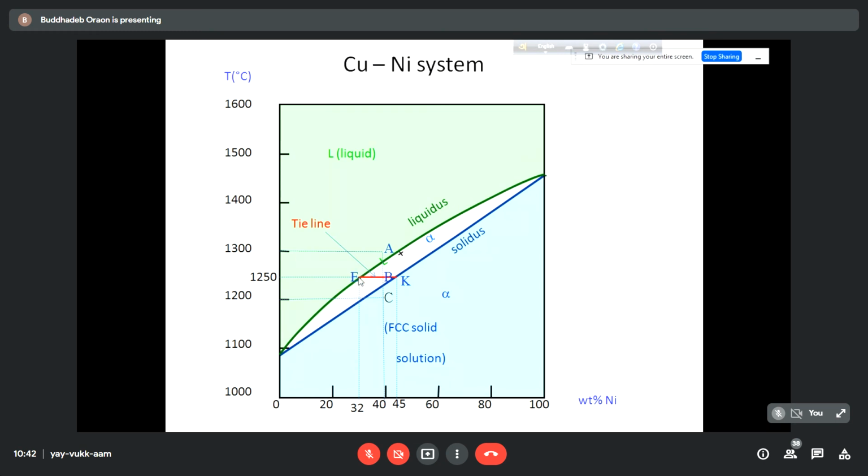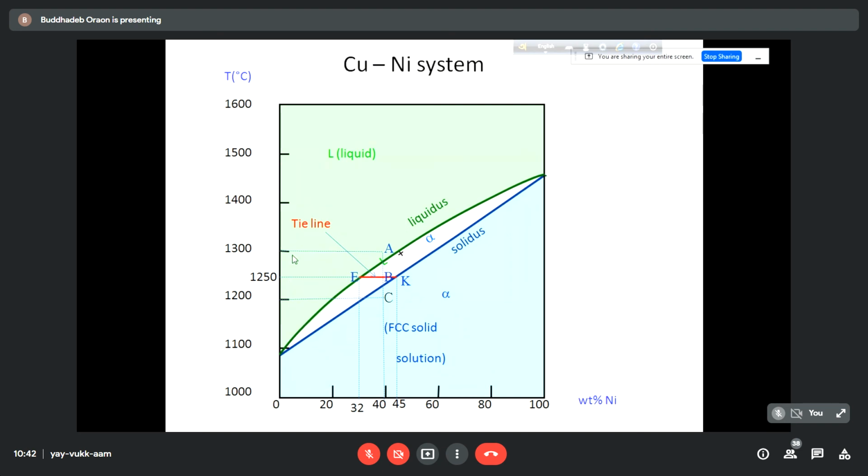There is a rule called Lever's rule. We will discuss that. With the help of Lever's rule, you can calculate at a particular temperature the percentage of liquid and solid phase in the mixture region or the two-phase region.